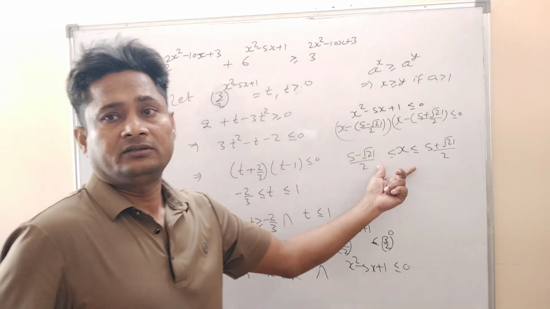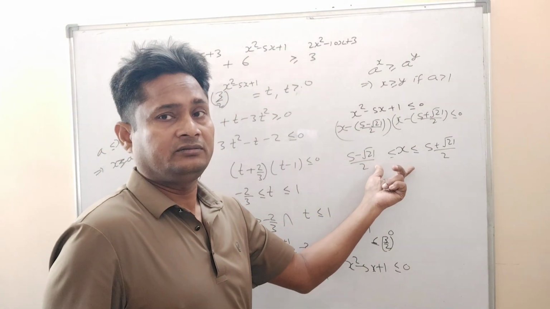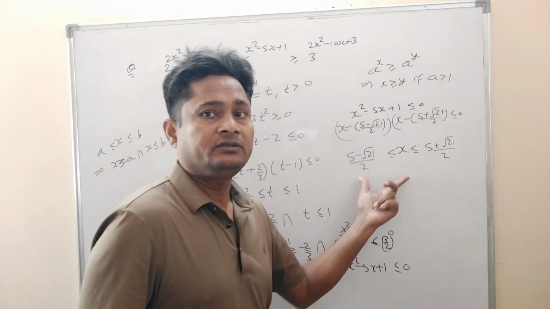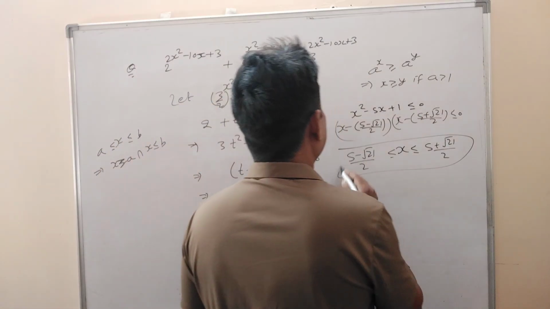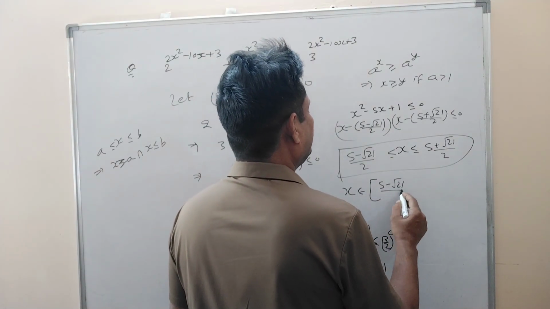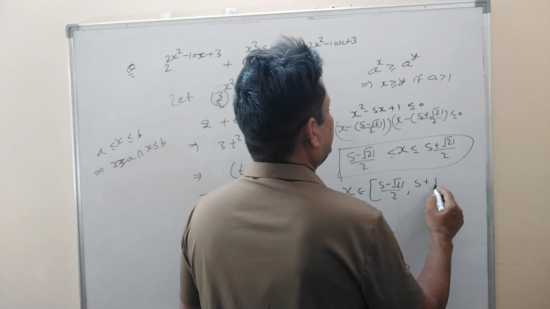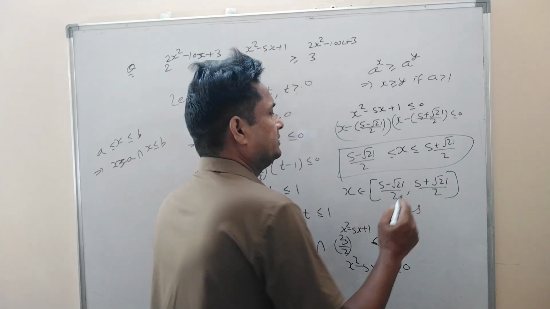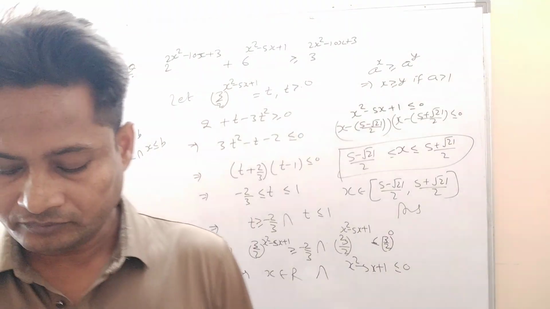If you take the intersection of this and this, the final solution will be this one only. So this is our answer. x belongs to (5 minus root 21)/2 to (5 plus root 21)/2. So this is our final answer of this one.